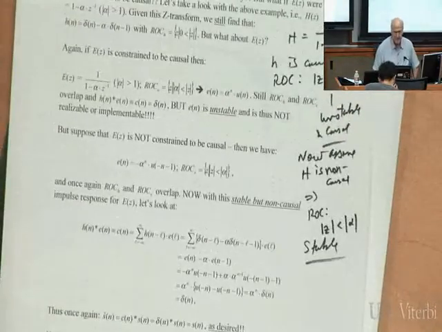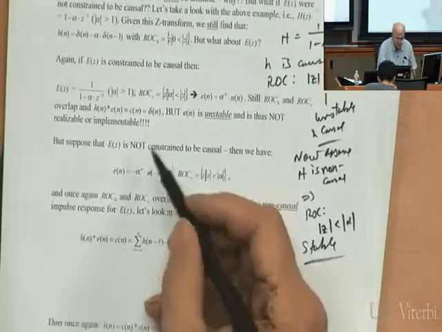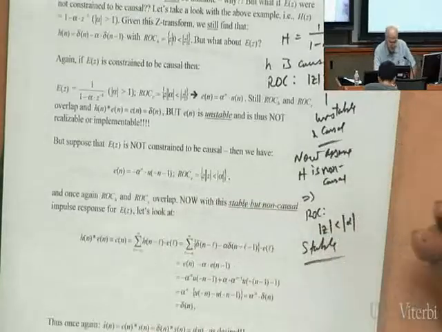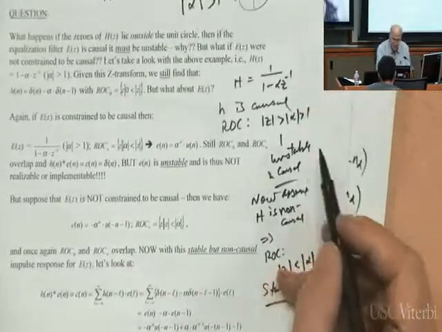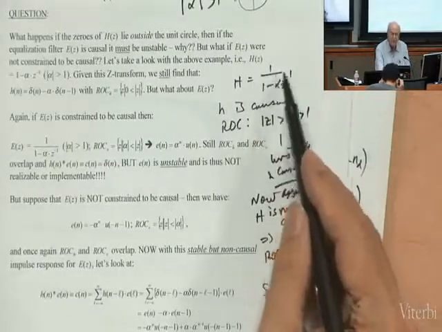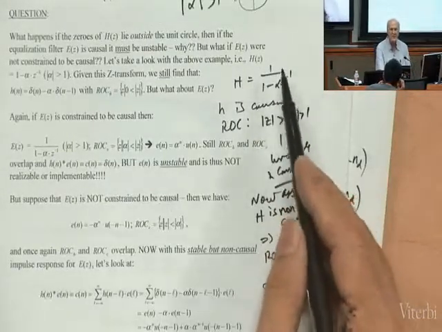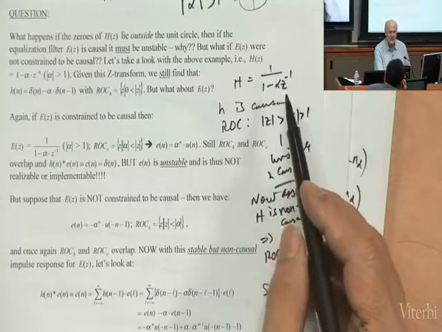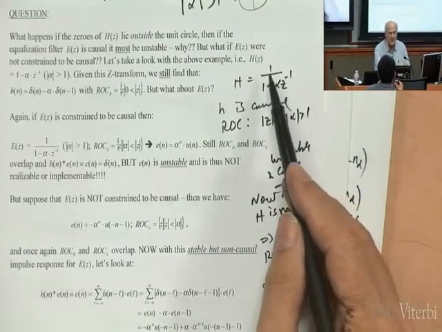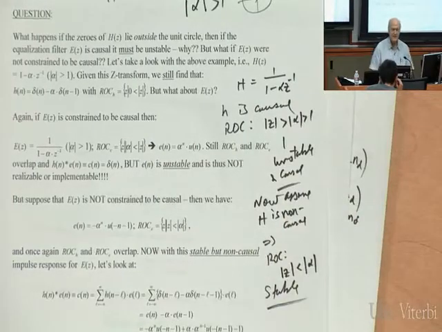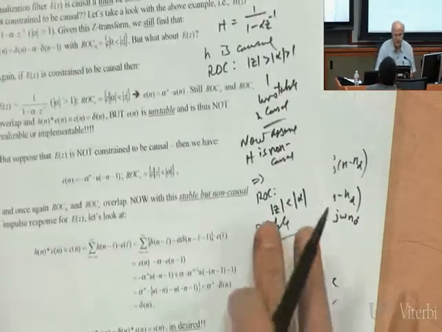So the question I asked myself is, suppose that E is not constrained to be causal, but we want it to be stable. So basically I'm asking, what is the inverse z-transform of 1 over 1 minus alpha z inverse when we know that E is non-causal? So in other words, when the ROC of E is inside that circle.